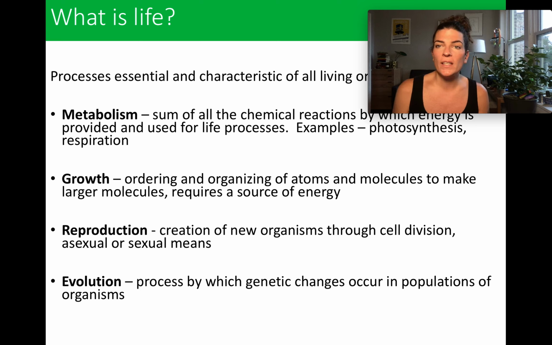And then finally, all things evolve. Evolution is, of course, defined as the process by which genetic changes occur in populations of organisms over time, which allow for the survival of that living thing. If things stop evolving, they eventually will stop living as both an individual organism and as a species.